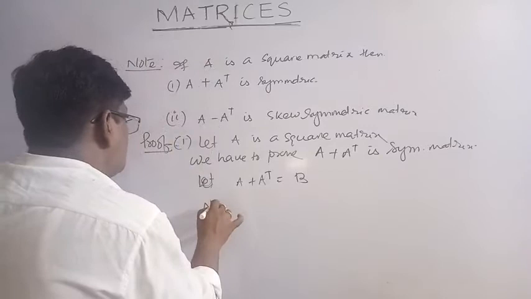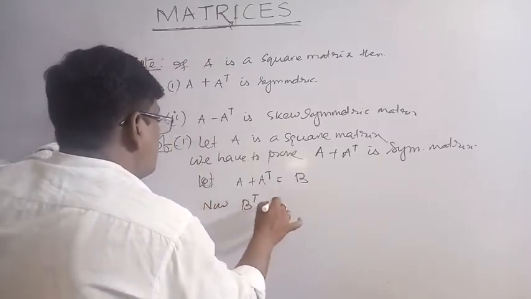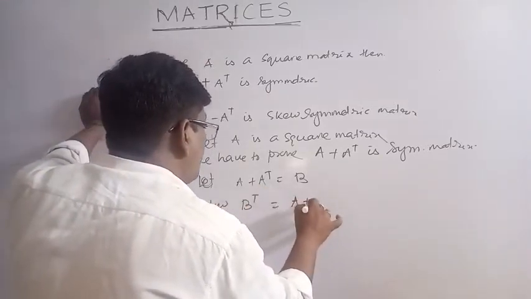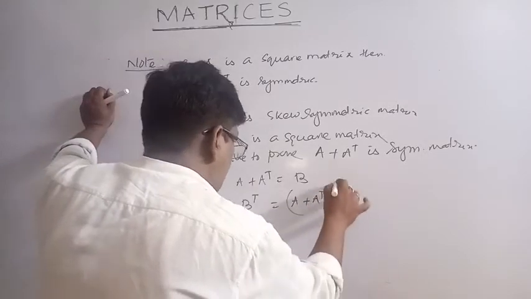Now B transpose is equal to what? B means A plus A transpose, whole transpose.